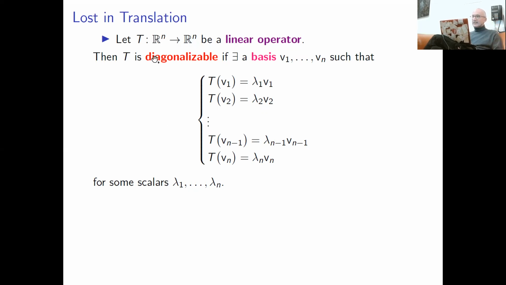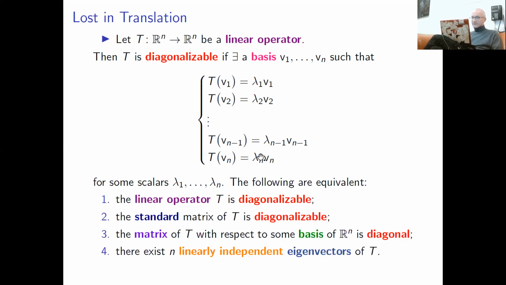Or you can restate this: a linear operator is diagonalizable if there exists a basis such that the matrix of the linear operator with respect to this basis is diagonal. This system of equalities basically means the matrix of the linear operator T with respect to this basis is diagonal, just by the definition of the matrix of a linear operator with respect to a given basis. We can prove that the following conditions are equivalent.